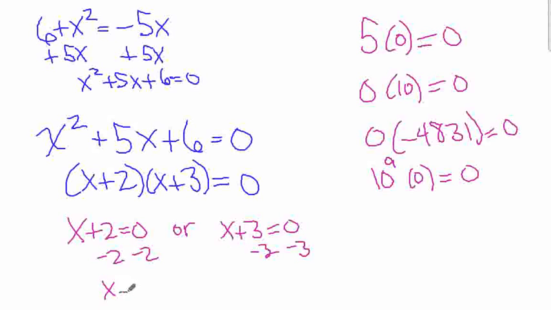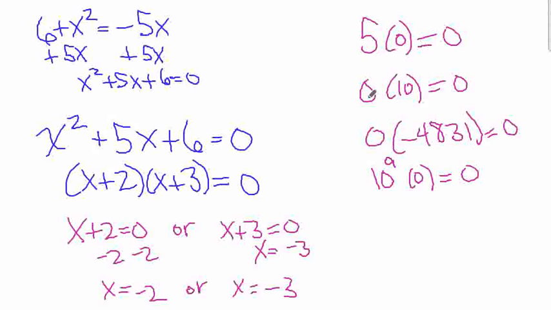And so we get x equals minus 2 or x equals minus 3. And so those are the two solutions. Remember I said that you can have two solutions for quadratics? So here's an example where you have 2, and we found it by factoring. Okay? So review factoring if that's not coming to you, how I did that.